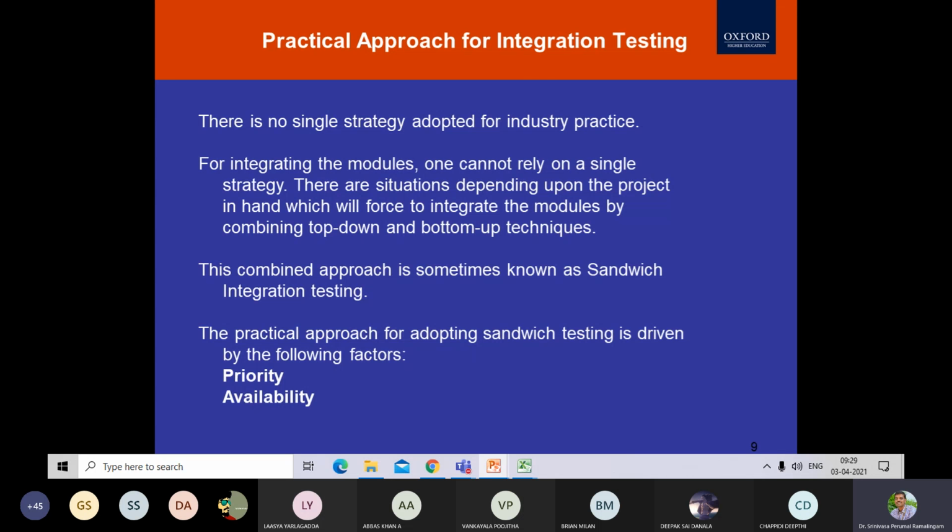So instead, if you follow sandwich, certain people work from bottom up, certain people work from top down, and finally it will be combined together to define effective testing. That is the reason why people prefer sandwich.